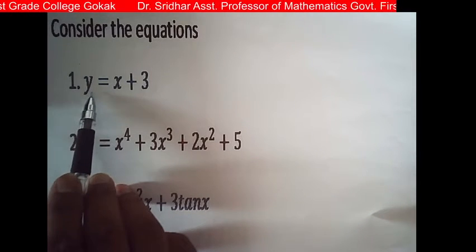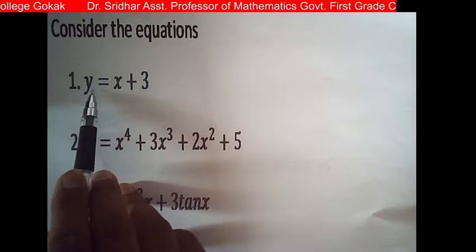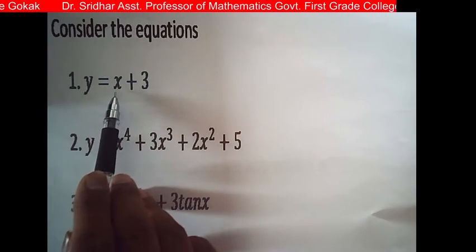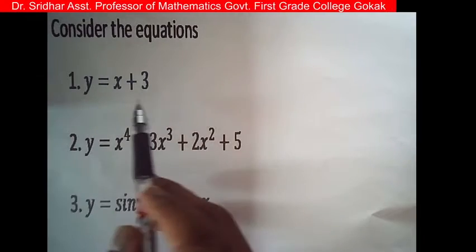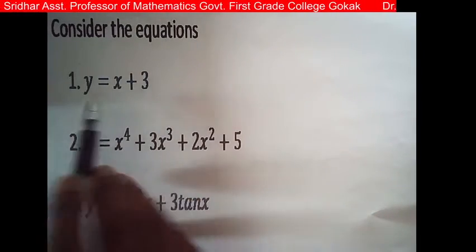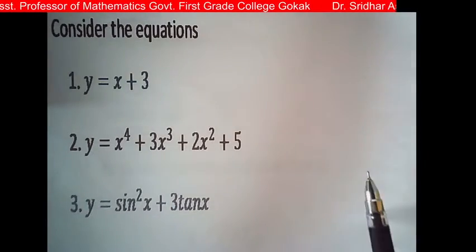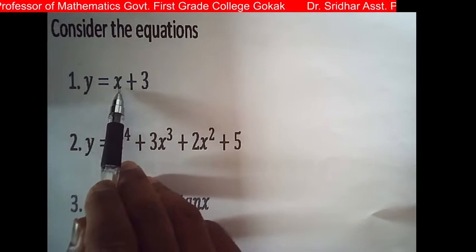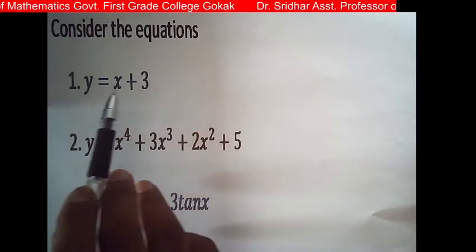So in all these equations, if you want to find the value of y, we need the x value. If you substitute x equal to 1, then you will get y as 1 plus 3, 4. If x equal to 2, then 2 plus 3 means 5, the value of y is 5.